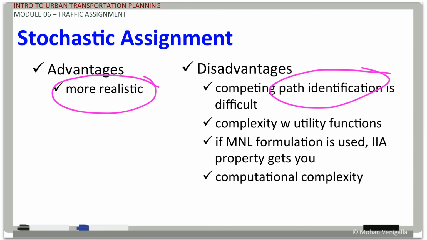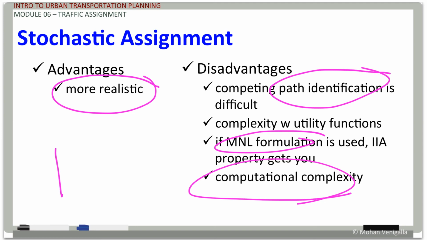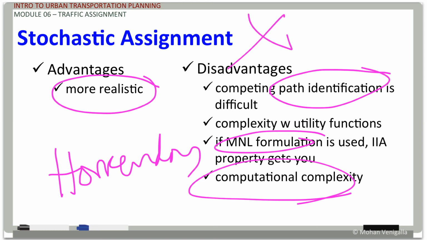The traveler may know what those competing alternatives are, but developing an algorithm that goes into the traveler's mind and finds them is impossible. And once you identify those paths, you have to find a utility function and then do a lot of multinomial formulation. The computational complexity is going to be horrendous. So this is not often done. Some of the new techniques are using this, but it's not very often done. Eventually, probably a couple of decades from now, everybody uses it. I don't know.